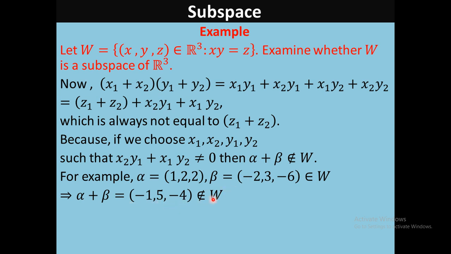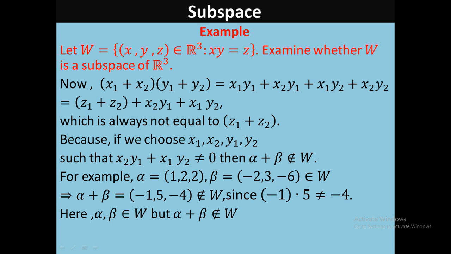This is not in W, because here it is in R3, but the multiplication of the first two components is 5 into minus 1, that is minus 5, which is not equal to minus 4. So alpha plus beta is not in W, since minus 1 times 5 is not equal to minus 4. Here alpha and beta are in W, but alpha plus beta is not in W. Okay, so W is not a subspace of R3.